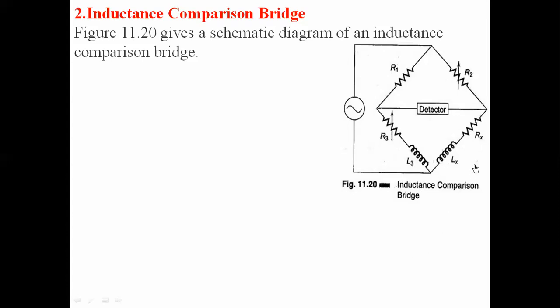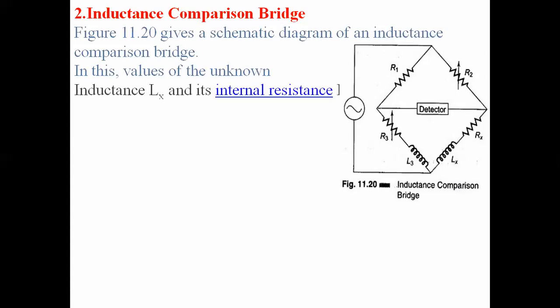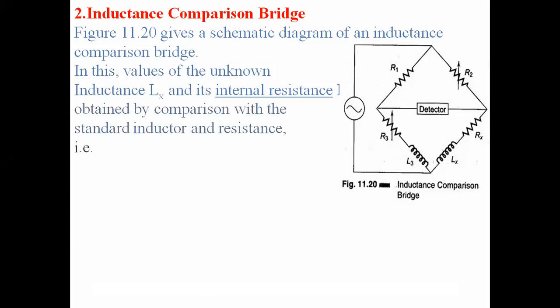In arm 4 we will connect the unknown inductor, and its inductance value is Lx, and the associated resistance of that inductor is Rx. The values of the unknown inductance Lx and internal resistance Rx are obtained by comparison with the standard inductor and resistance, that is L3 and R3.